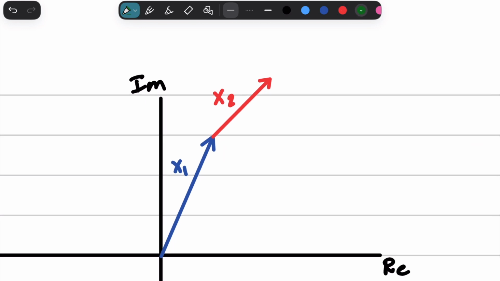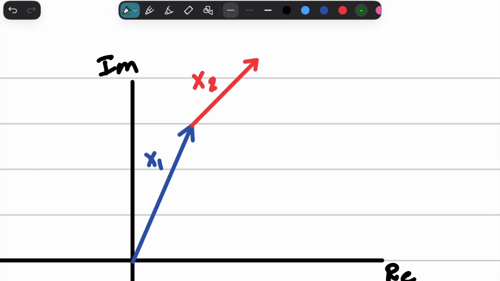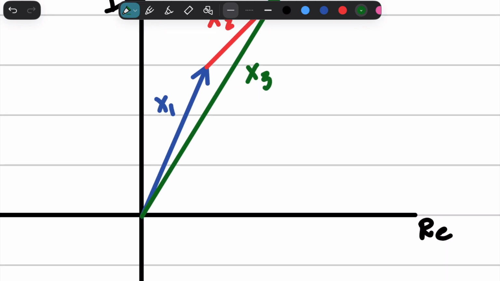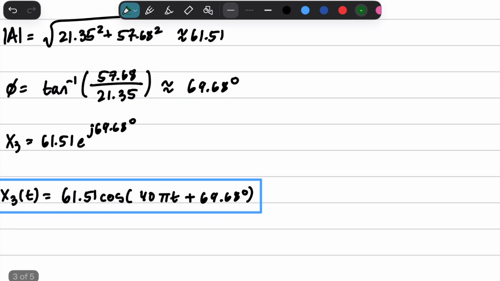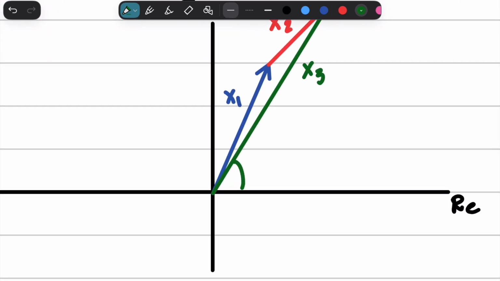Then x3 is the addition of these two vectors, and if you recall vector addition from high school or linear algebra, it goes from this tail right here to this tip right here, and we get x3. Does this make sense? Our x3 has an angle of 69 degrees, which looks about right, especially with respect to x1, which was 75 degrees.